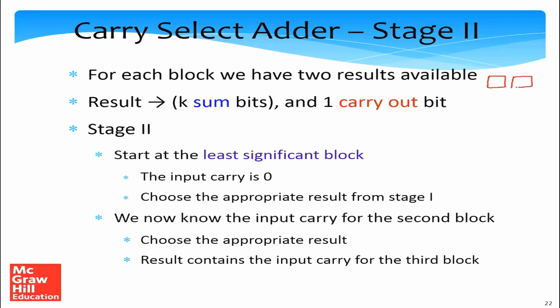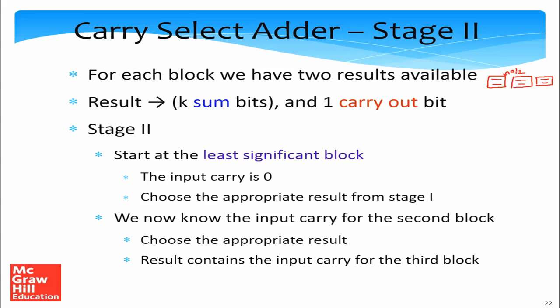For one block, we'll have 2 pairs of 4-bit numbers. So for each block, we actually produce 2 results. The first result assumes that the input carry coming from the previous block is 0, and the second result assumes that the input carry coming from the previous block is 1. The result will have the sum bits and a carry out bit.